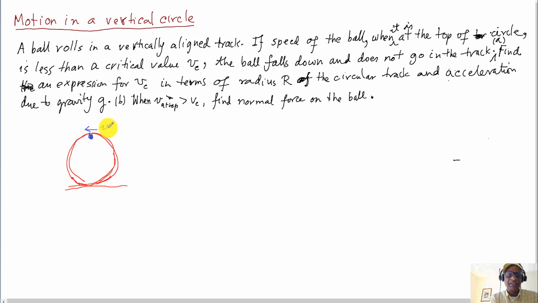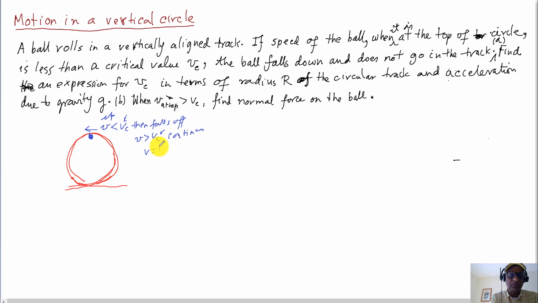It says if this v is less than vc, then the ball falls off. For v greater than vc, we don't know, that's what I'm trying to find out, but it continues.